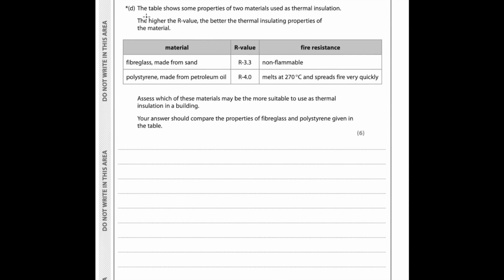And finally, question D, our 6-mark question. The table shows some properties of two materials used as thermal insulation. The higher the R value, the better the thermal insulating properties of the material. So high R equals better insulator. Assess which of these materials may be the more suitable to use as a thermal insulation in a building.